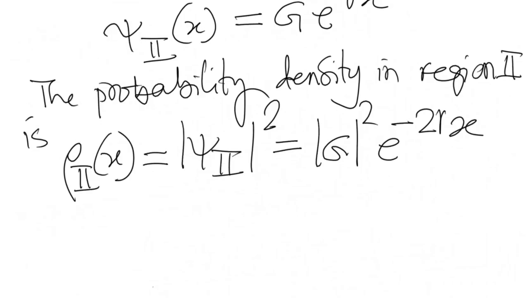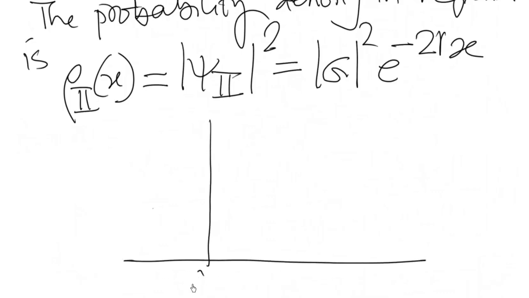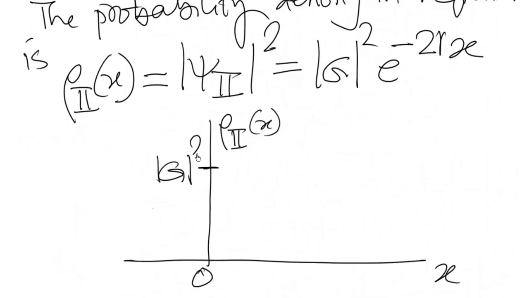Now we want to plot this probability density with respect to the position. If we plot this probability density as a function of position, when x equal to 0 it is modulus of G square.